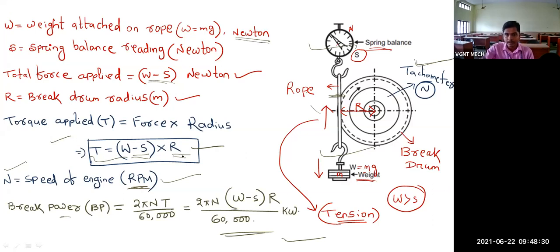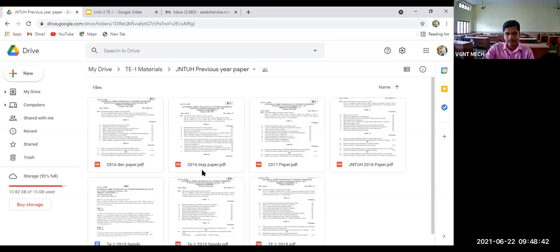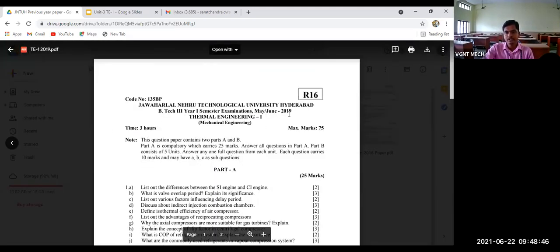Clear? So one previous year question I will show you quickly, then we will switch over to the next topic. Regarding this rope brake dynamometer, they have asked some questions in previous years. So I will show you the 2019 approach. This is the 2019 question paper you have.